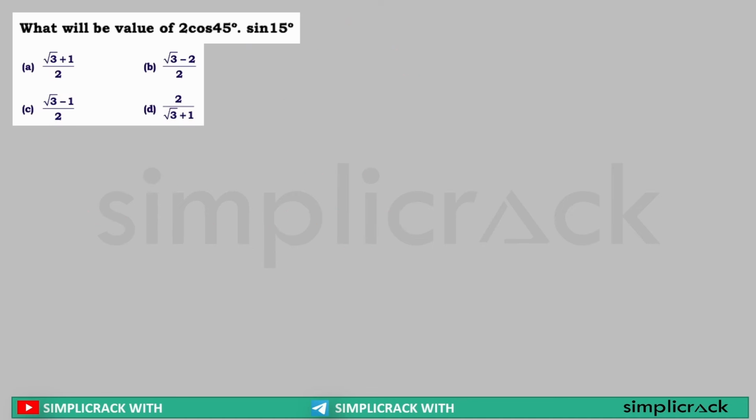Okay, now what is the value of 2 cos 45 degree into sine 15 degree? 2 cos a into sine b is equal to, very simple sir, you have told us sine(a plus b) minus sine(a minus b).